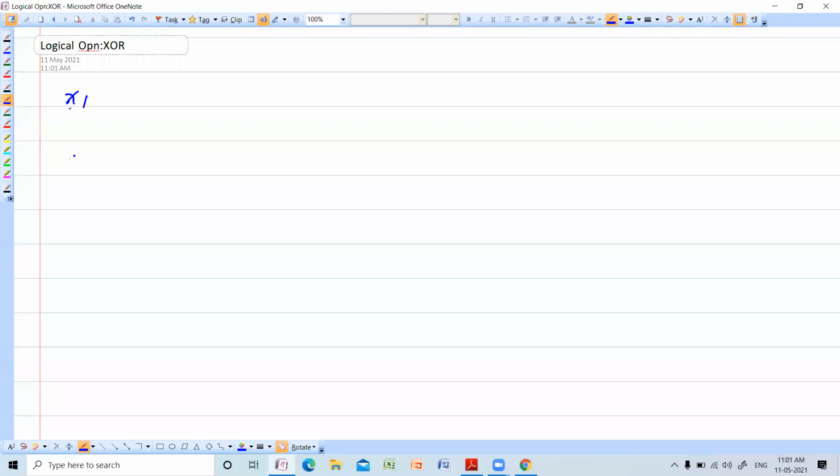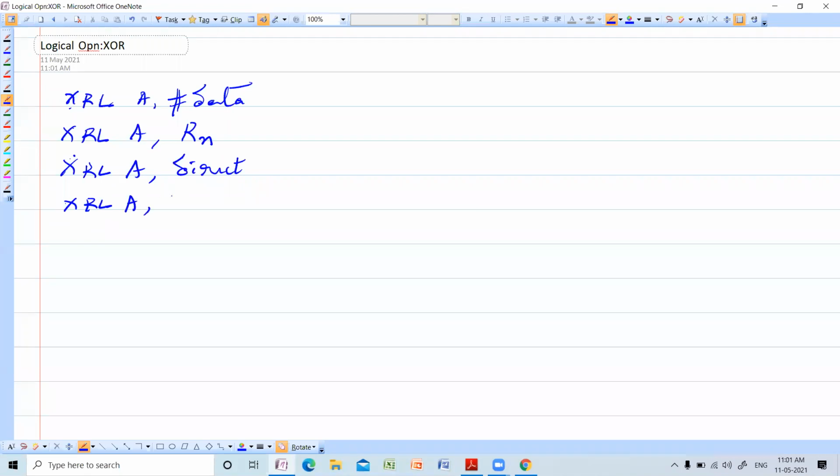Here the instruction format is XRL A, hash data; XRL A, Rn, all the 8 registers permitted; XRL A, direct; XRL A, indirect; XRL direct, hash data, the immediate operation; XRL direct, A, with the accumulator.